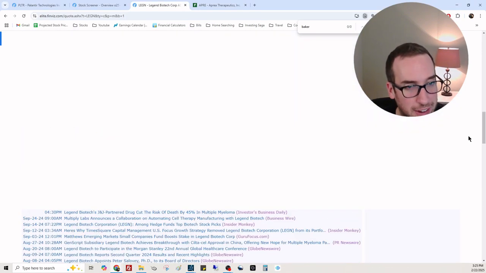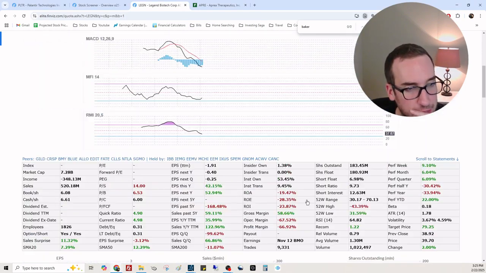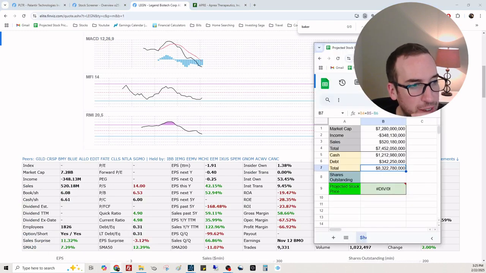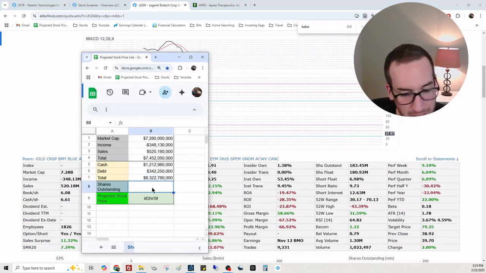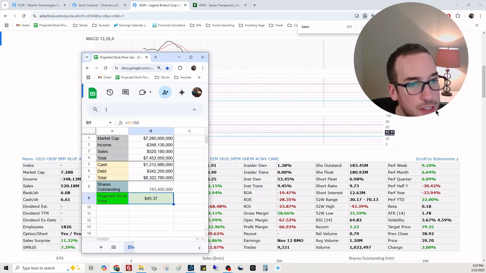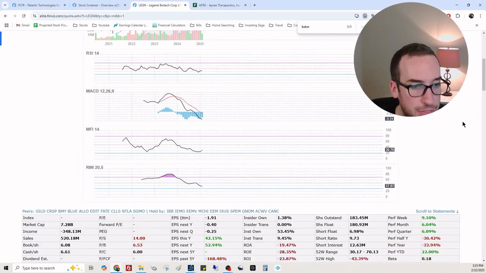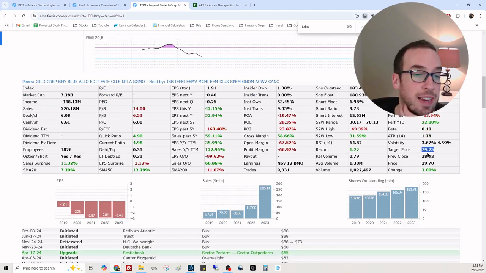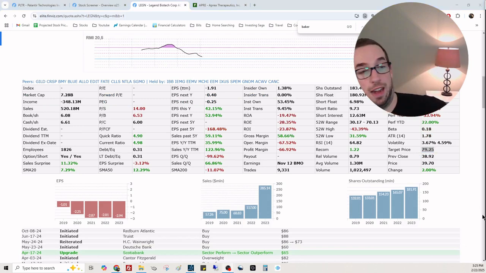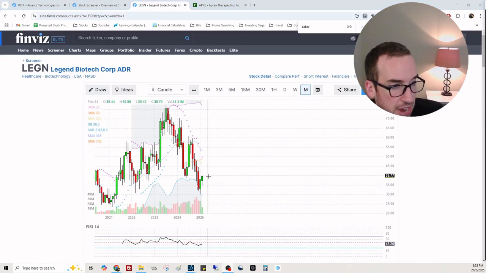Did we just find, what even is this? 183,450,000. $45 stock trading at 39. Analysts have it at 79. I mean, this thing is going the right direction.